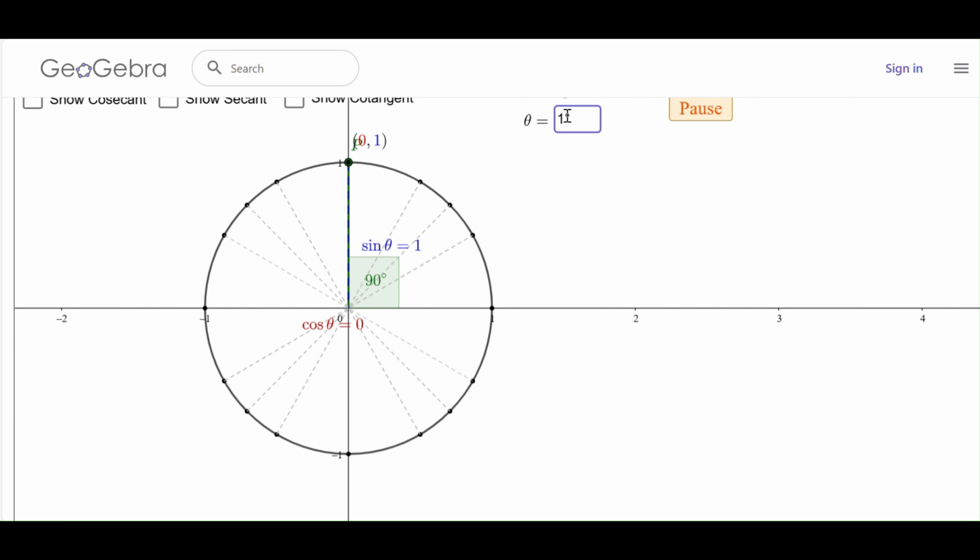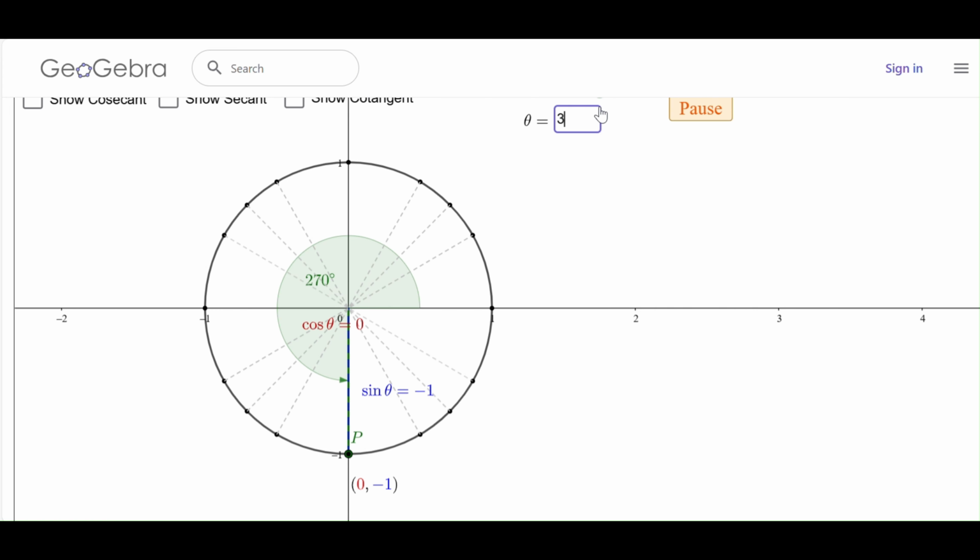Then we learned 180 degrees, right? This time cosine is negative 1, while sine, we didn't go up or down, remains 0. Then we learned 270 degrees. Cosine remains 0, right? We didn't move right or left, but sine is negative 1 because we moved 1 unit down.